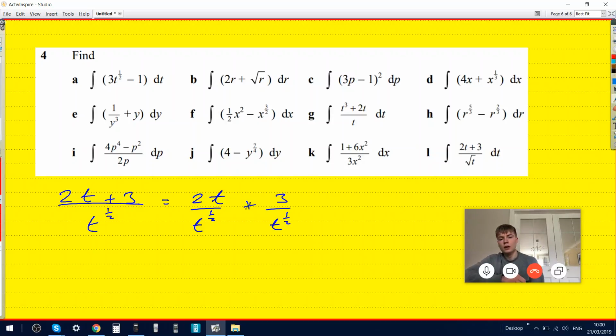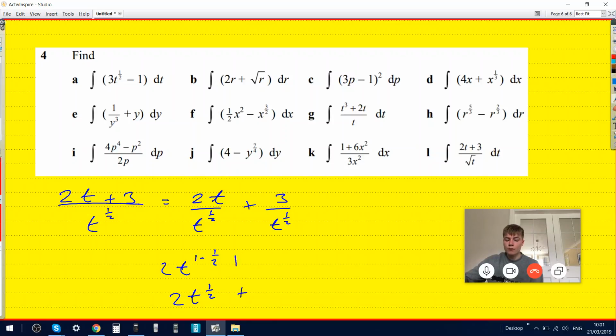No idea, can't remember. Subtract. Subtract, yeah, for dividing indices. So you have t to the 1 minus a half? T to a half. Yeah, so it's going to be 2t to the half.